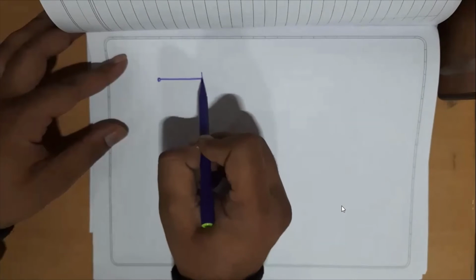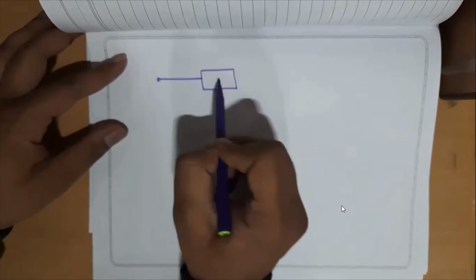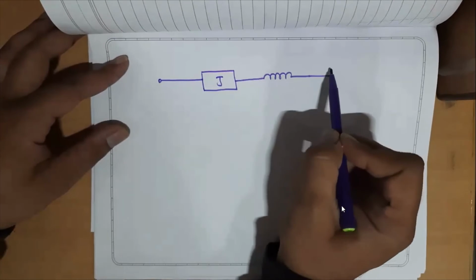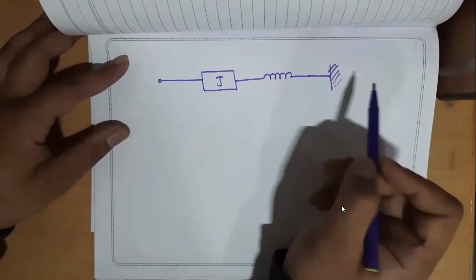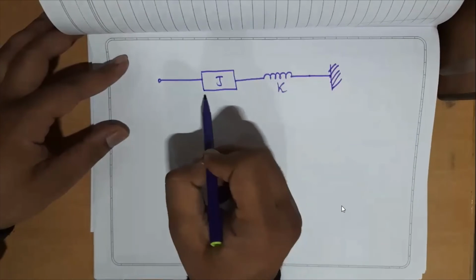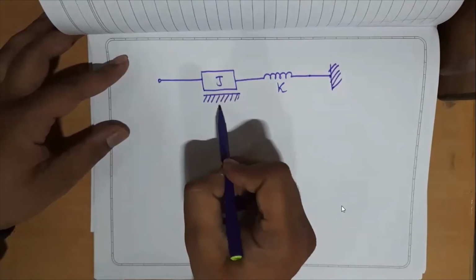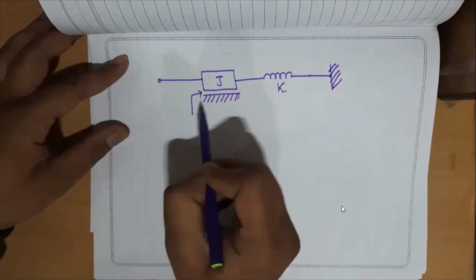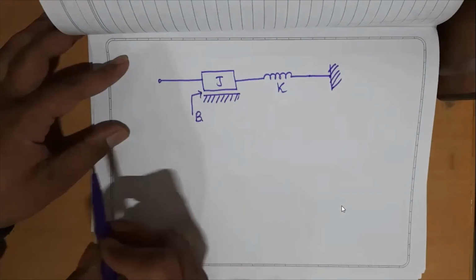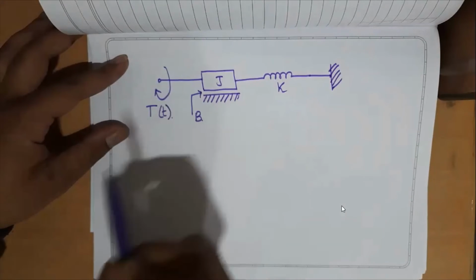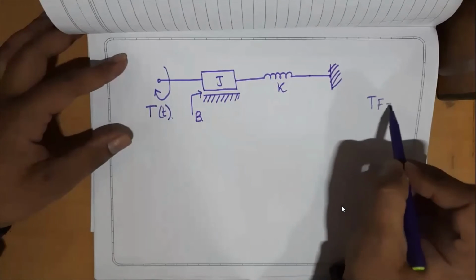So let us take the next type of numerical. So let me consider again moment of inertia and a spring, again this fixed block, I mean the rigid body connection with spring, and then another rigid body or a ground you can say, which is friction B caused due to the moment of inertia block.